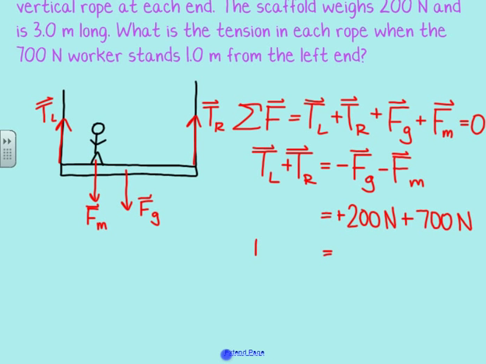That tells me that the left tension plus the right tension must be equal to 900 newtons. Just based on this information, I don't have enough to be able to solve for each of these tensions separately. So I must use a net torque equation as well.